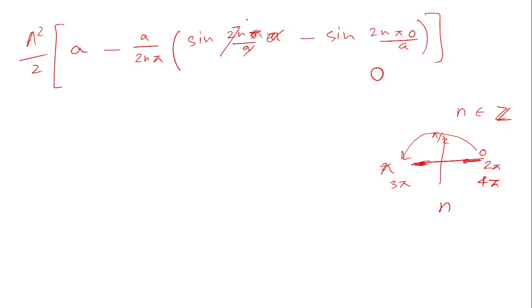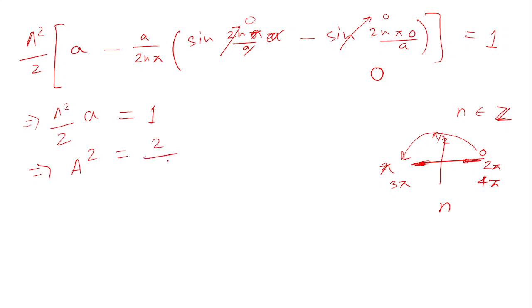That means even this will be 0. This anyway is 0 because sine 0 is 0. This will also become 0. That means I will be left with only this: a square by 2 times a, and this whole thing is minus 0, and when we equate it to 1, then I need to find out the value of a, right?